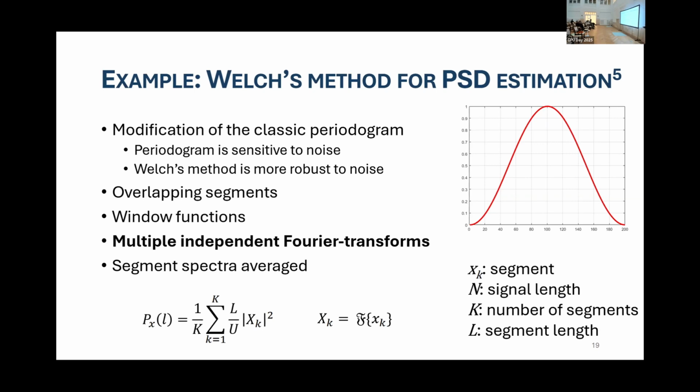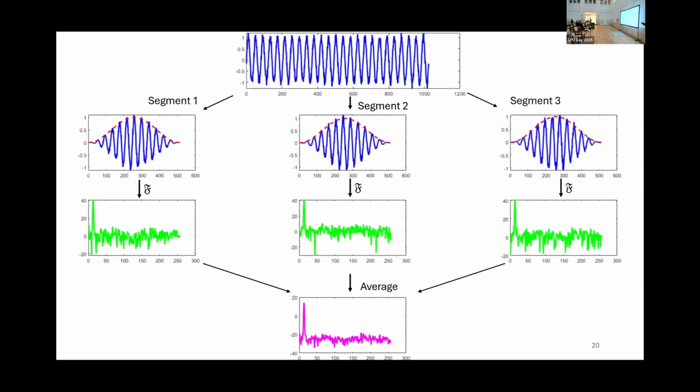The method proposed by Welch is chopping up the input sequence, applying a window like this one on them separately, and then after computing all the power spectra, those are averaged together like this. We chop the signal into 3 segments, window them, do the Fourier transform, and an averaging step.